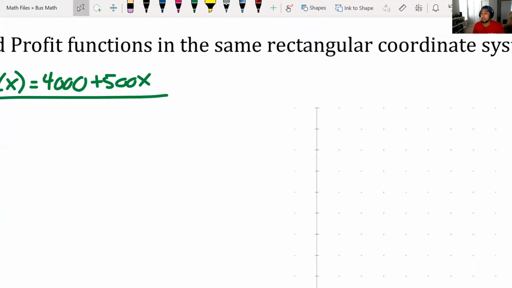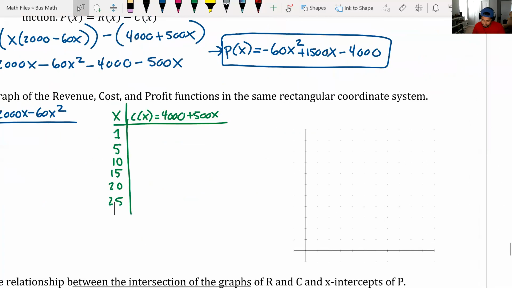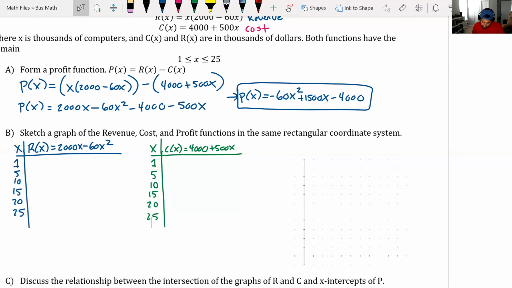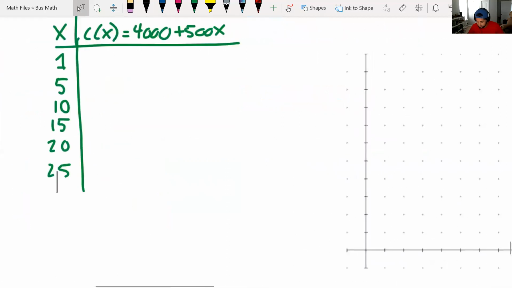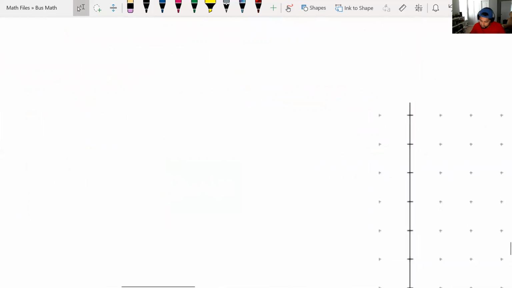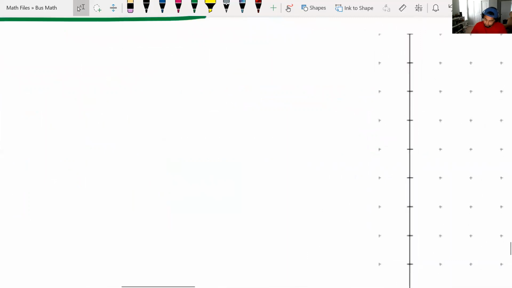And last is an XY chart for profit. Did I leave room? I probably didn't. It'll fit somewhere. Let me see. I'll just zoom in more here until I can't zoom anymore.